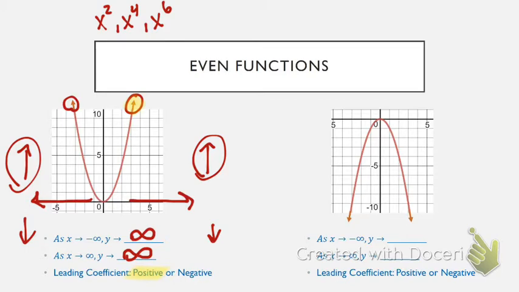All right, let's go to the second one. So in the second one, as x approaches negative infinity, so as x goes left forever, my graph is going down, so y is approaching negative infinity. As x approaches positive infinity, so as we go to the right forever, my graph is also going down.